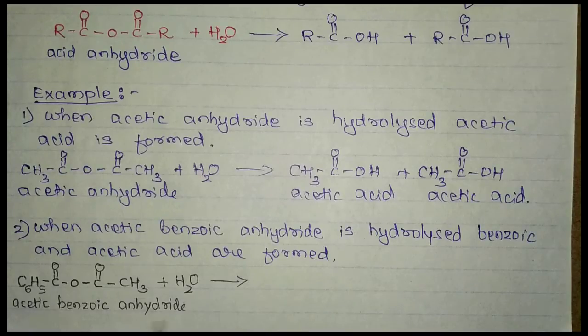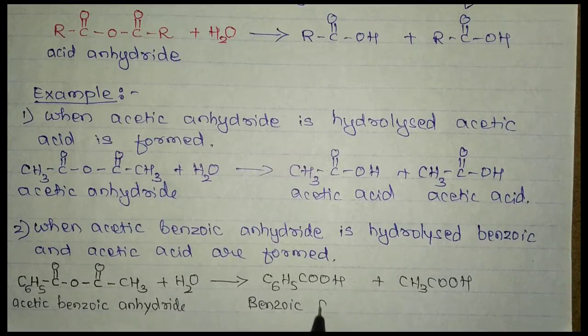It gives benzoic acid, C6H5COOH, plus acetic acid, CH3COOH. This is benzoic acid. This is acetic acid. This is how we can prepare carboxylic acid starting from acid anhydrides.